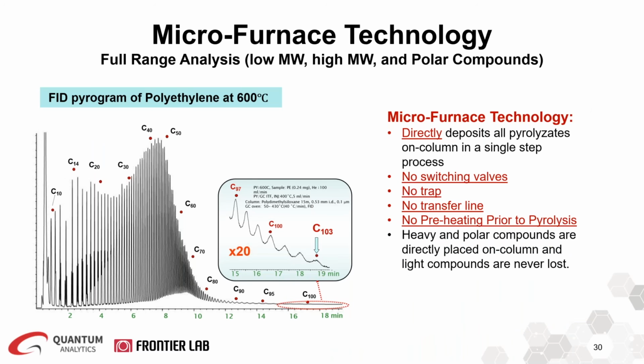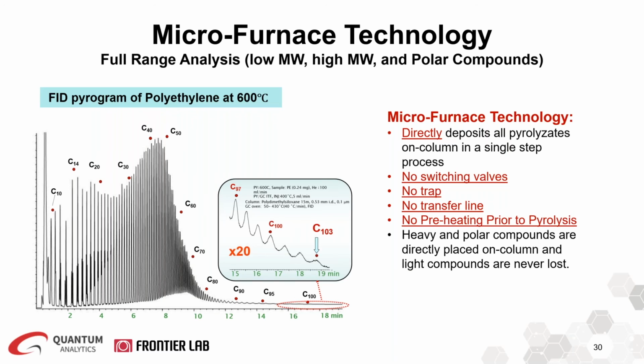Frontier Pyrolyzer is based on a vertical microfurnace technology that performs a one-step analysis. With Frontier technology, all the pyrolysates are directly transferred on column in a single step. There are no switching valves, no focusing trap, and no transfer line.